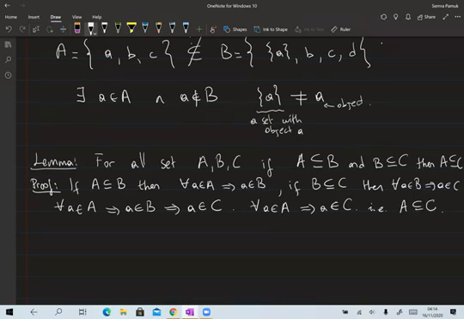Later on, you don't even need to write the definition for every a. We will just use: if A is a subset of B and B is a subset of C, then A is a subset of C, right?